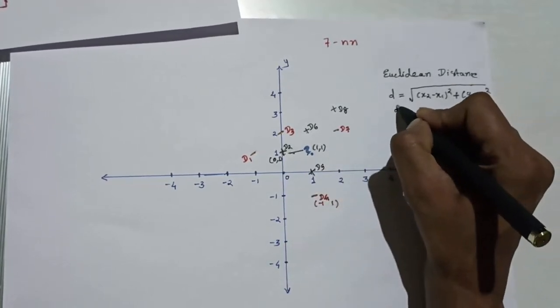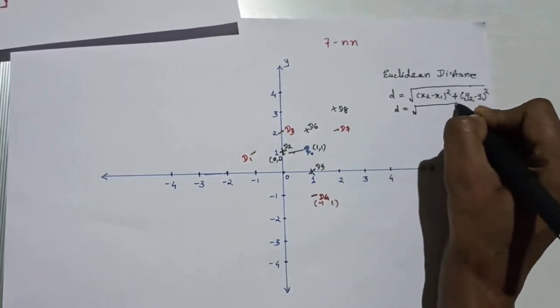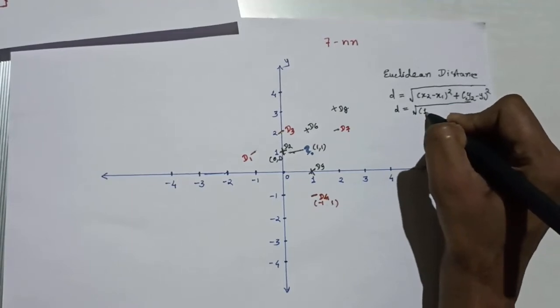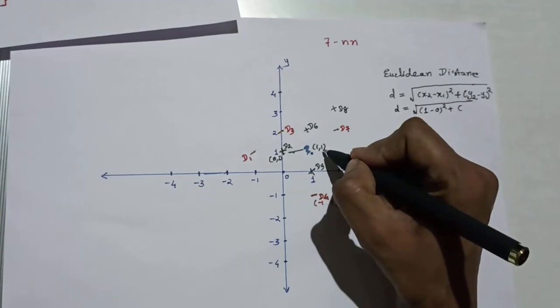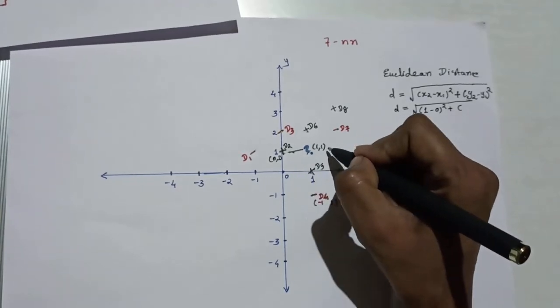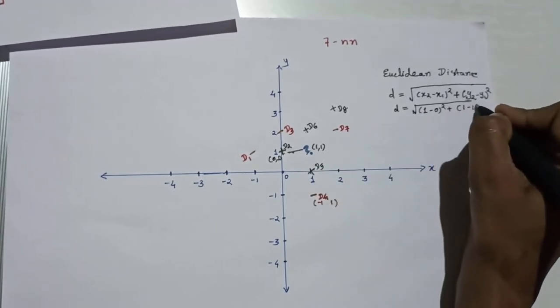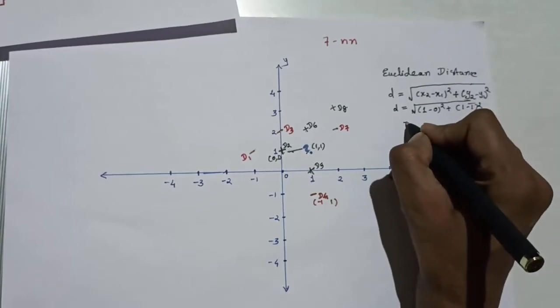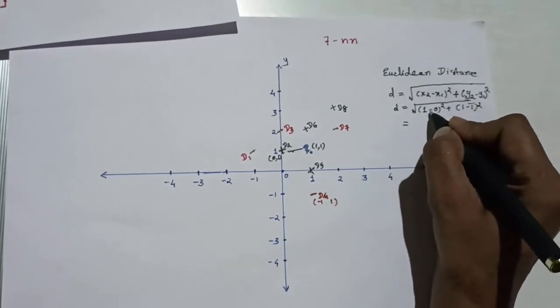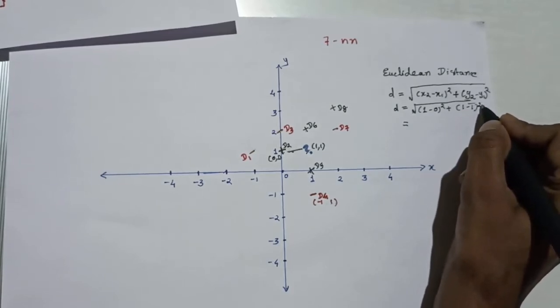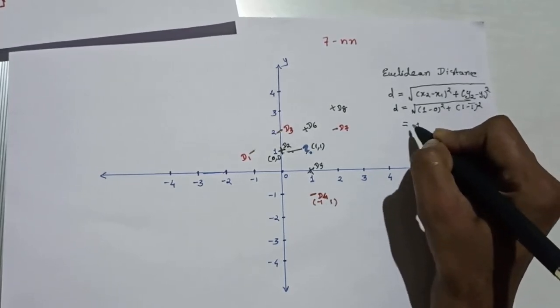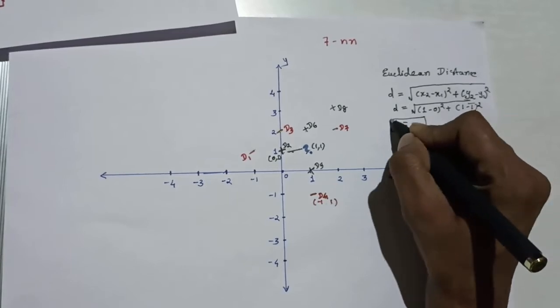So this distance will be the square root of 1, and here it is 0. So the answer will be 1. This distance is coming out to be 1.